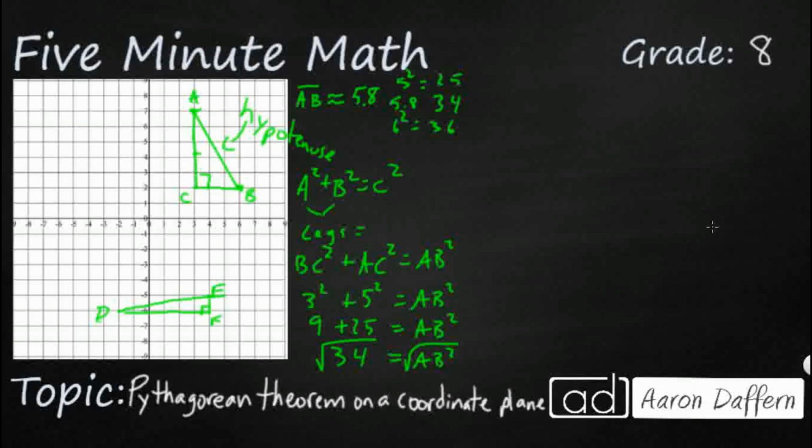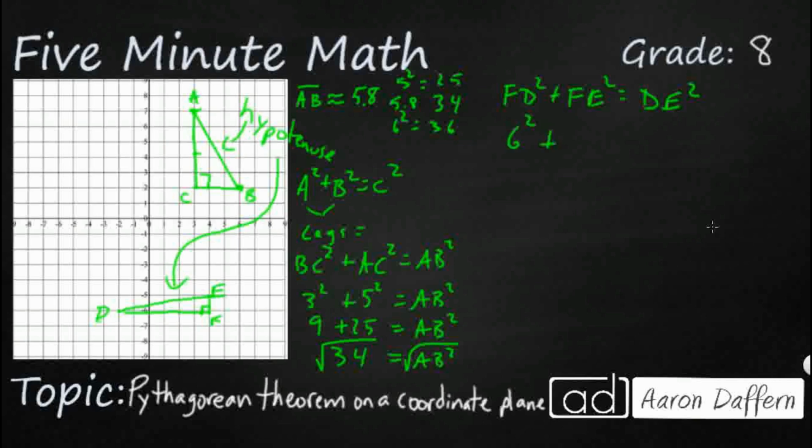Let's label this F. So we have FD squared plus FE squared. It's going to equal my hypotenuse DE squared. So DF squared is 1, 2, 3, 4, 5, 6 squared.